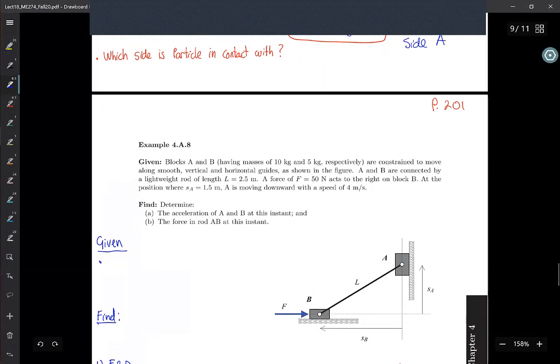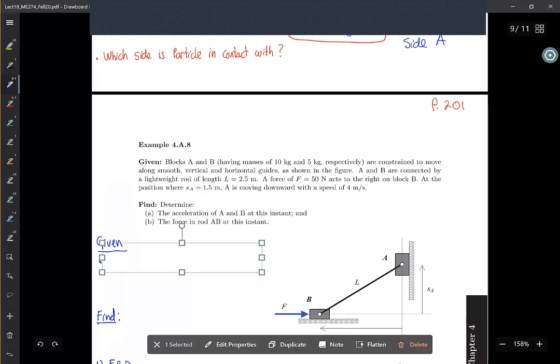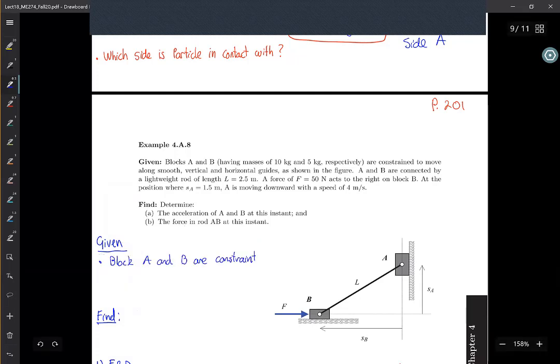Now, problem 4A8. Okay, we have blocks A and B, which are constrained to move along smooth vertical and horizontal guides as shown in the figure. A and B are connected by a lightweight rod. This is important. When we have a lightweight rod, it means the rod has no mass, right?